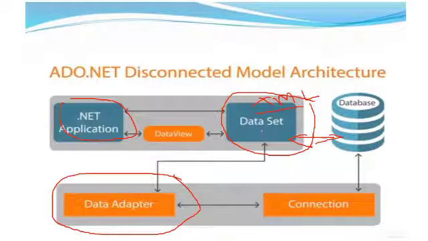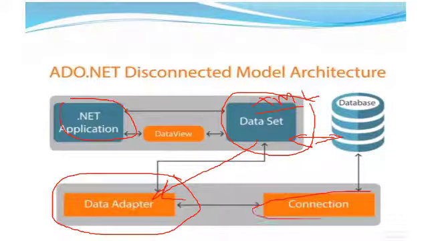So when you want to get the data, you need to use the adapter, which will contact the main database. You have to make the connection only when the data adapter goes to the database; otherwise you don't need to do anything for viewing the data because it is always available in the dataset.